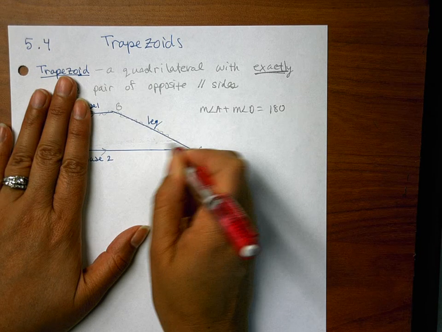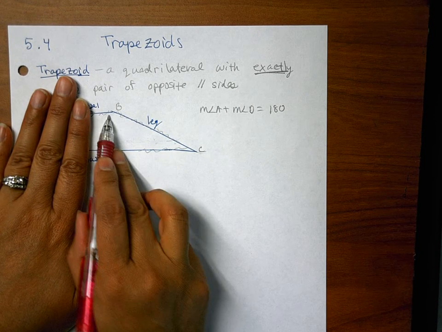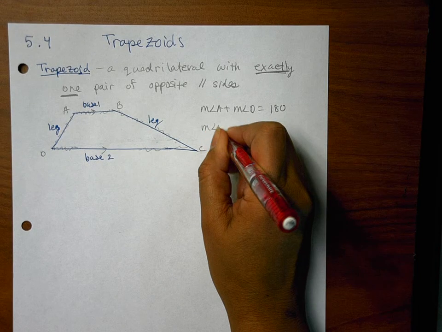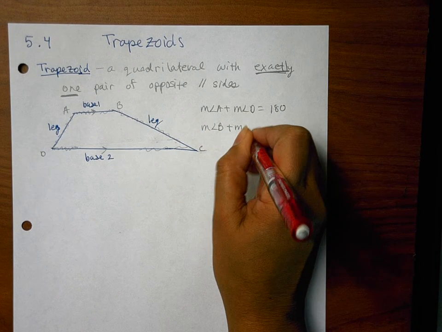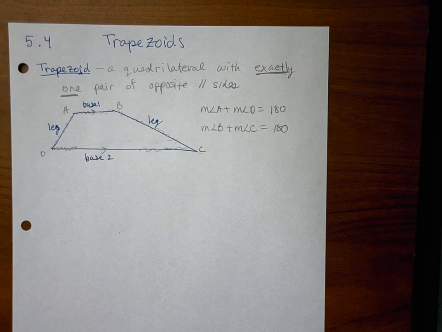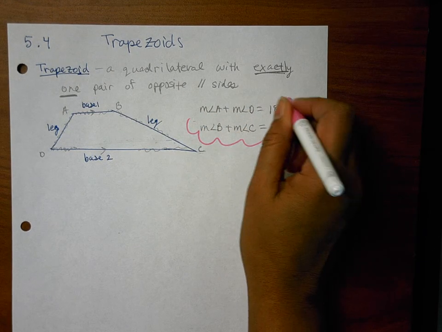The same is true on this side. I have a backward C here, and the arms of my C are parallel, same side interior angles, which means they are supplementary. So the measure of angle B plus the measure of angle C equals 180.